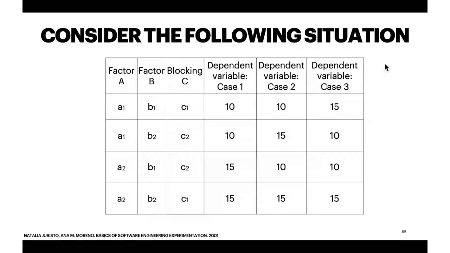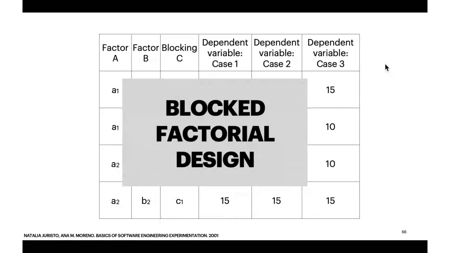To address those challenges, you are supposed to be performing a blocked factorial design. A blocked factorial design can identify blocking and the corresponding confounding situations, such as the confounding of the blocking variable C and the interaction between A and B in the example we have been looking at. There is an entire theory of how to construct those blocked factorial designs.